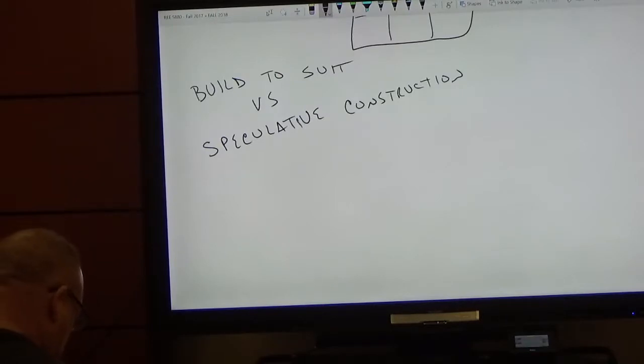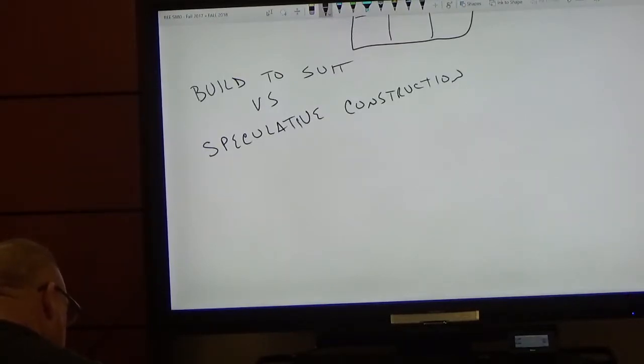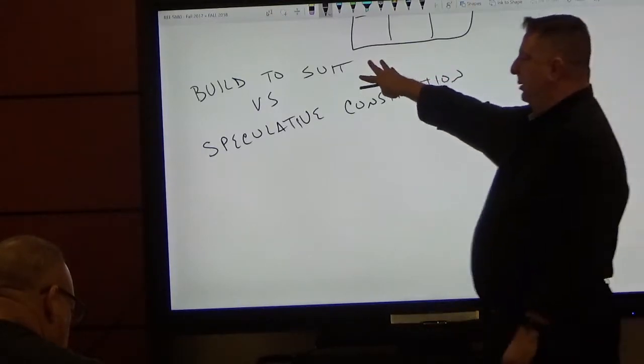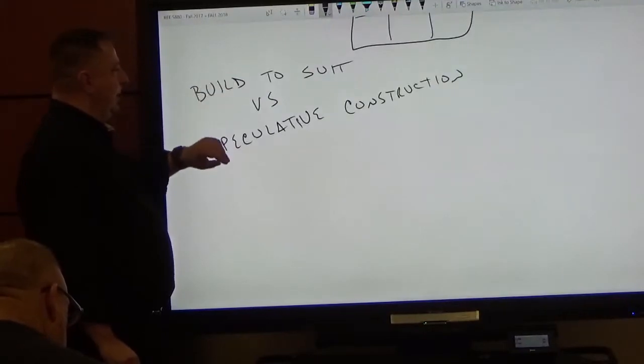So you've got some real issues with speculative construction: how long do you have to wait in some cases before you actually get a tenant? The perfect solution is to get the build-to-suit tenant and build for them. Everything's done, very clean.